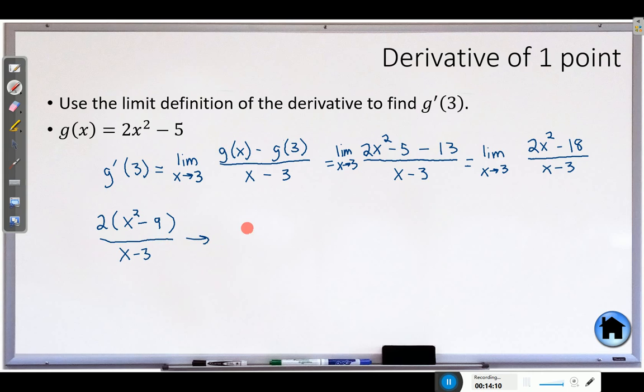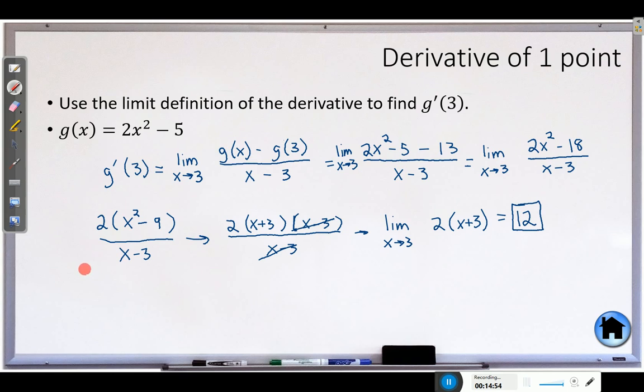The top is a difference of squares, so we can factor that. That will be x plus 3 and x minus 3 over x minus 3. So now we actually can do the limit because that crosses out with that. So now I'm going to rewrite the limit as x approaches 3 of simply 2 times x plus 3. Now we can plug in 3. 3 plus 3 is 6 times 2 is 12.